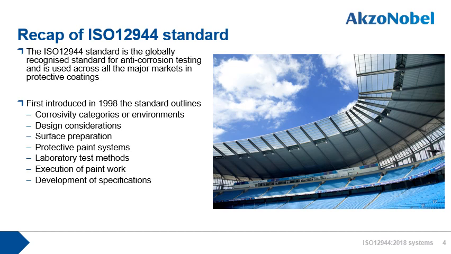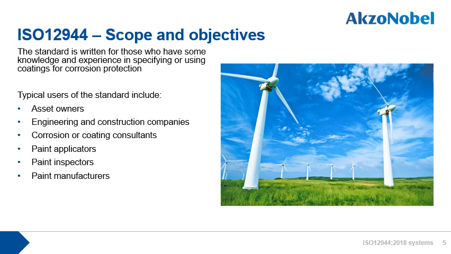Part 6 of the standard covers laboratory test methods, and this is another section that has been significantly changed in this revision. Again, something we will cover further in detail during the course of the webinar. Part 7 covers execution and supervision of paintwork. And Part 8 covers guidelines for development of specifications.